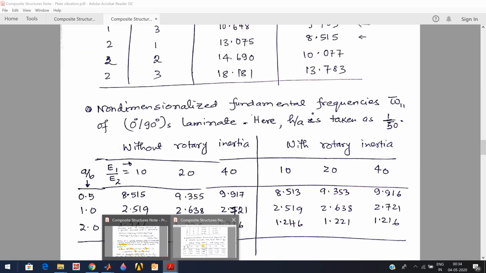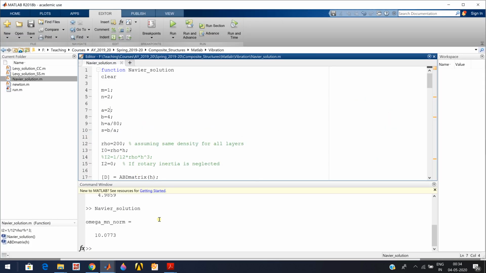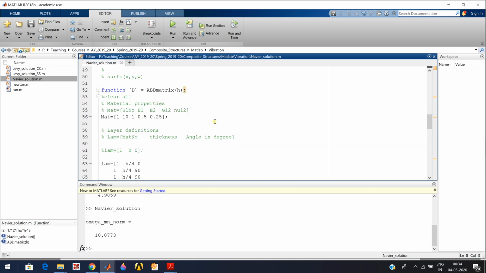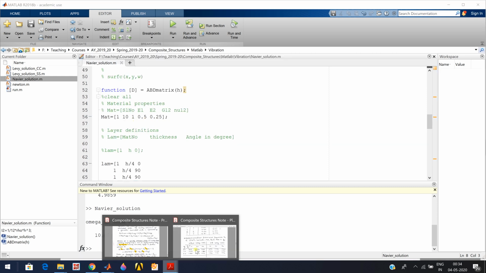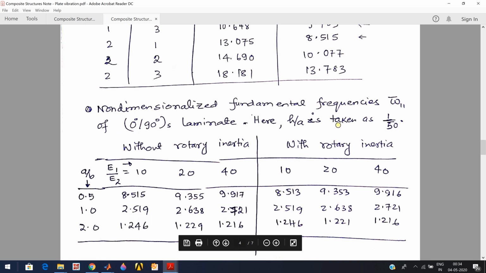and what is that? Let me check again what happened. So if I just make it 2. Without rotary inertia, I have made E1 by E2 10, a by b 0.5.